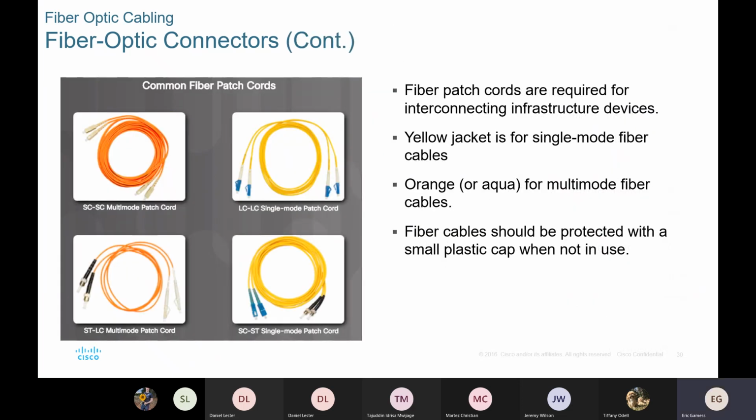Okay, the color that we use for single mode fiber is the yellow one. So when you see something that is yellow, you know that we are using single mode. It's a single mode patch cord here. And this is a multi-mode patch cord. We are using different connectors.